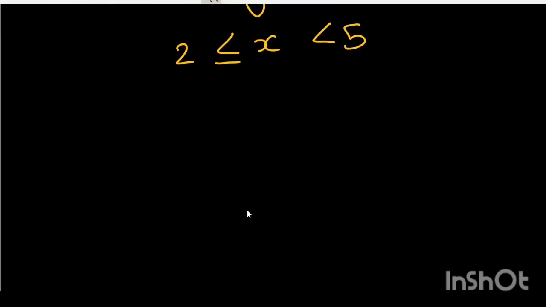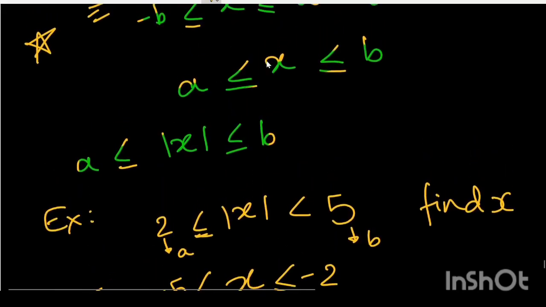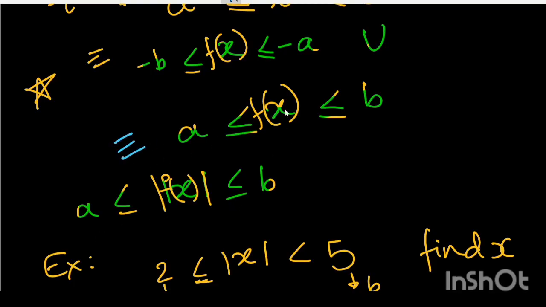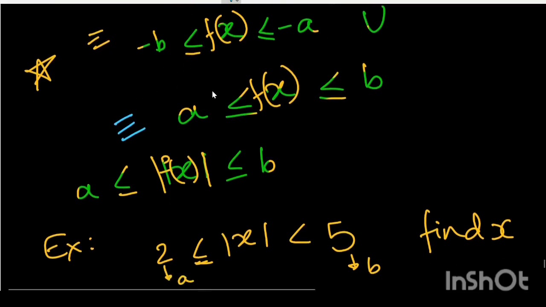Okay guys, now if suppose instead of x, let's say there is f(x) like this. If instead of x, it is f(x), mod f(x) is between a to b, then f(x) is a to b, or f(x) is minus b to minus a.